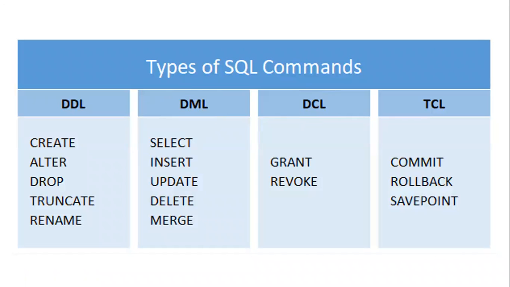We can grant or take back permissions. Then TCL, Transaction Control Language: whatever operations we have done in the database, we can save, roll back to the previous state, or undo using transaction control language.